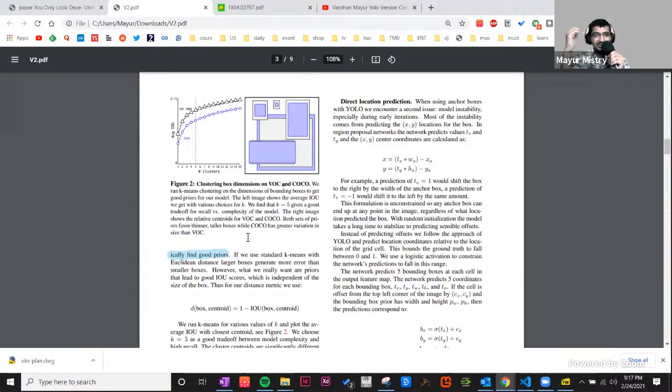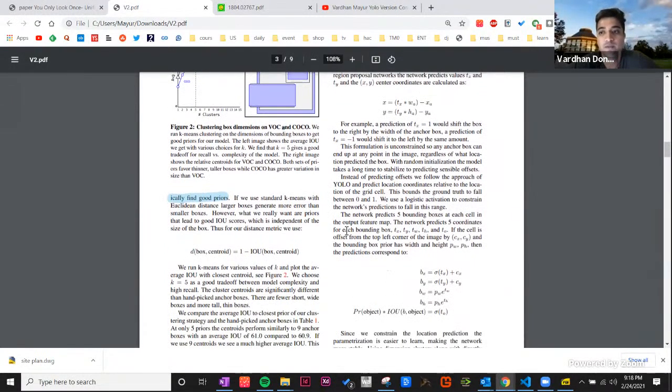So in your data set there would be a lot of objects with different aspect ratios. To determine what aspect ratio would be good for the whole data set, maybe they take all the aspect ratios, cluster them, and those means are the aspect ratios you will use for training. Yeah, sure.